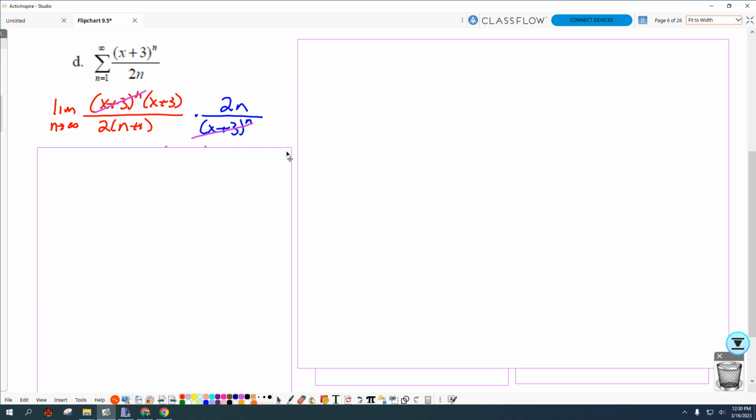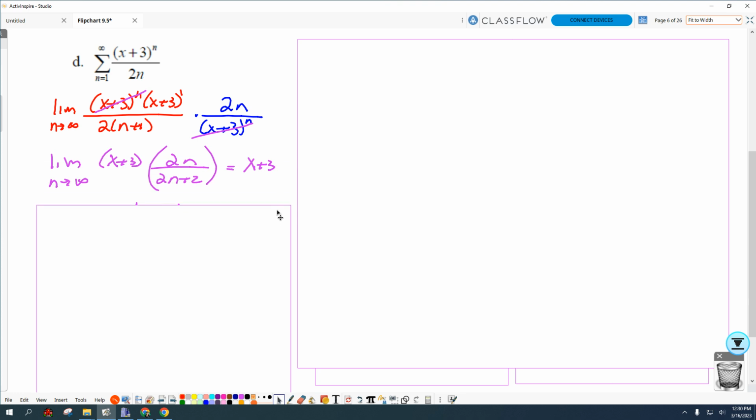X plus 3 to the n plus 1, doing x plus 3 to the n times x plus 3 to the 1. Writing it like that, I can cancel without maybe accidentally crossing something out. Keep the limit on until it's evaluated here. At infinity, that basically comes to 1, so what comes out is x plus 3.